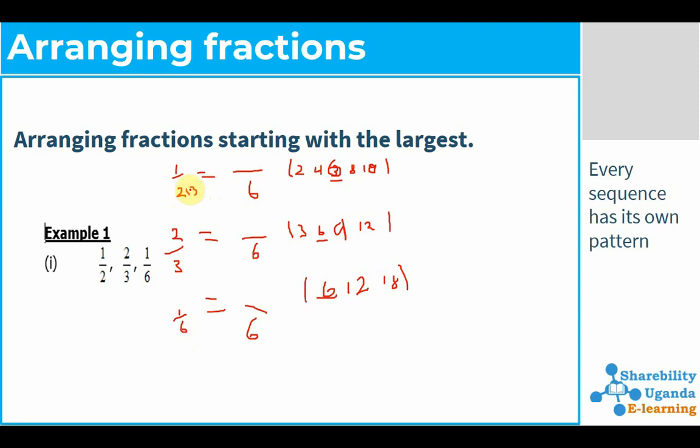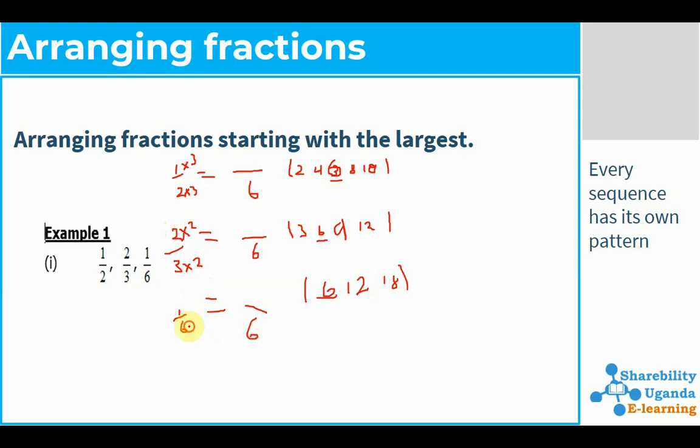When you say 2 times 3, we shall be able to get a 6. So here we shall also multiply the numerator by 3. And also here we say which number can be multiplied by 3 and you get a 6? It is a 2. So we also multiply the numerator by 2. Then which number can we multiply by 6 and get 6?